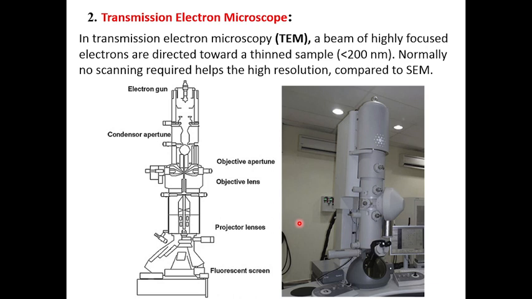Electrons scatter when they pass through a thin section of the specimen. Scattering, diffraction, these are all physics terms. Simply, when the electrons pass, electrons are nothing but a high energy source and a high beam of light also.